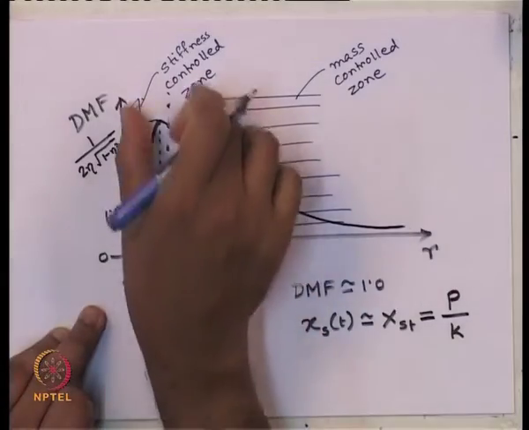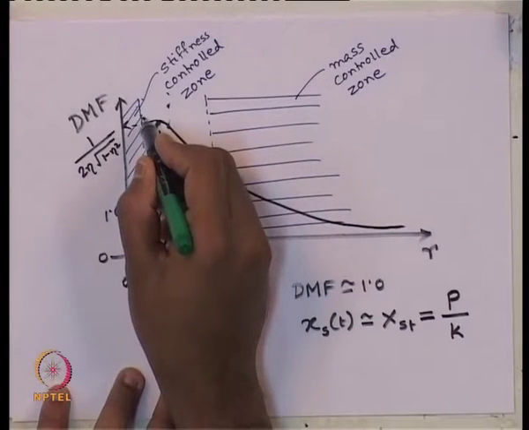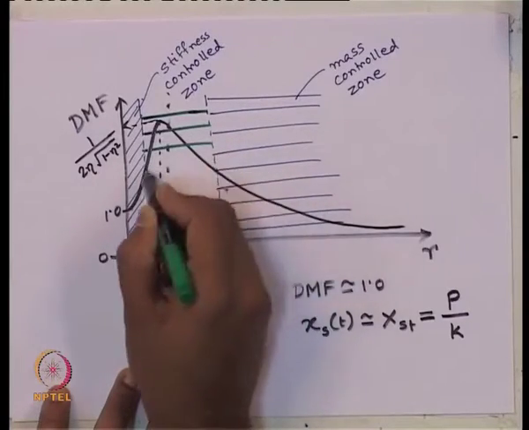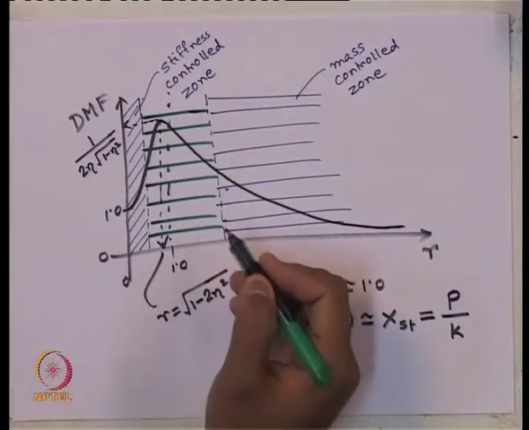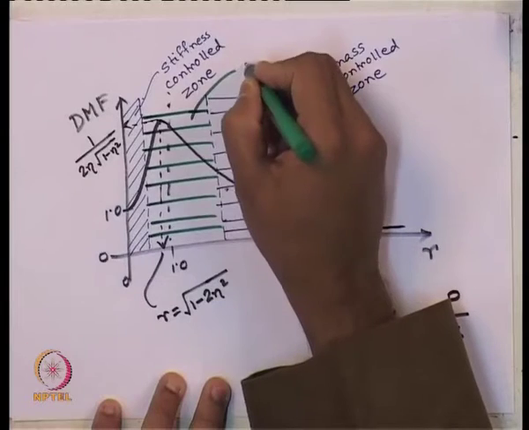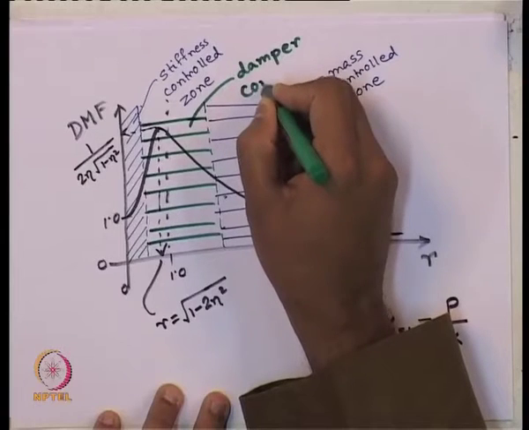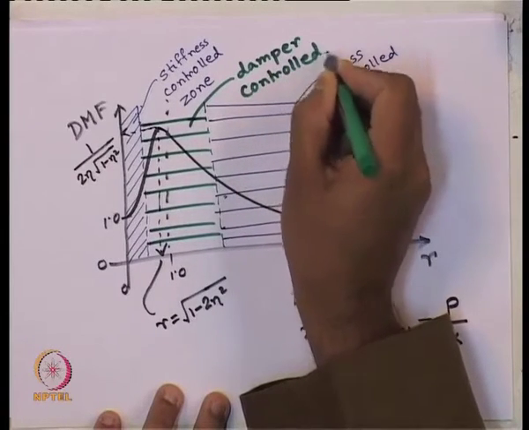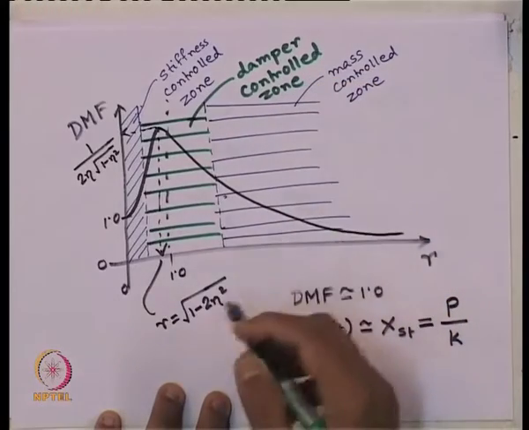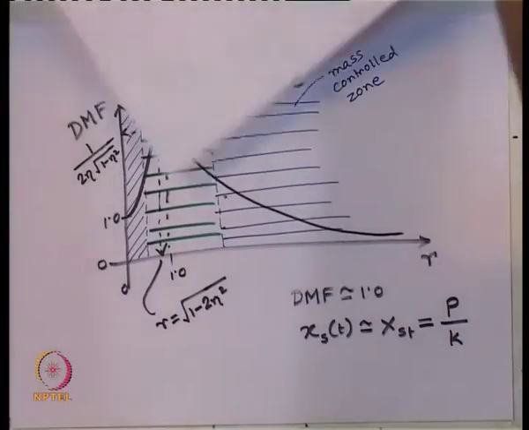And what about this central area? Obviously, the third remaining parameter in the system is the damper. So, the central region is known as the damper controlled zone, or damper dominated zone, which is obvious from the previous variation.